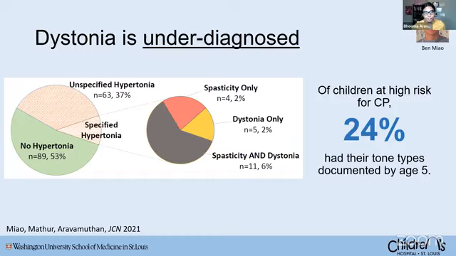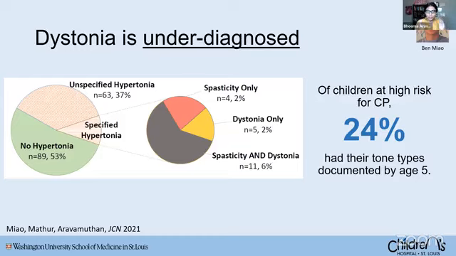This is in our center, and I again want to be humble about this to say that dystonia is hard to diagnose and is often underdiagnosed. This is in a group of children who had neonatal hypoxic ischemic encephalopathy, who underwent therapeutic hyperthermia, and were thus at very close monitoring after they were discharged from our neonatal intensive care unit after neonatal hypothermia, because we wanted to track their development.